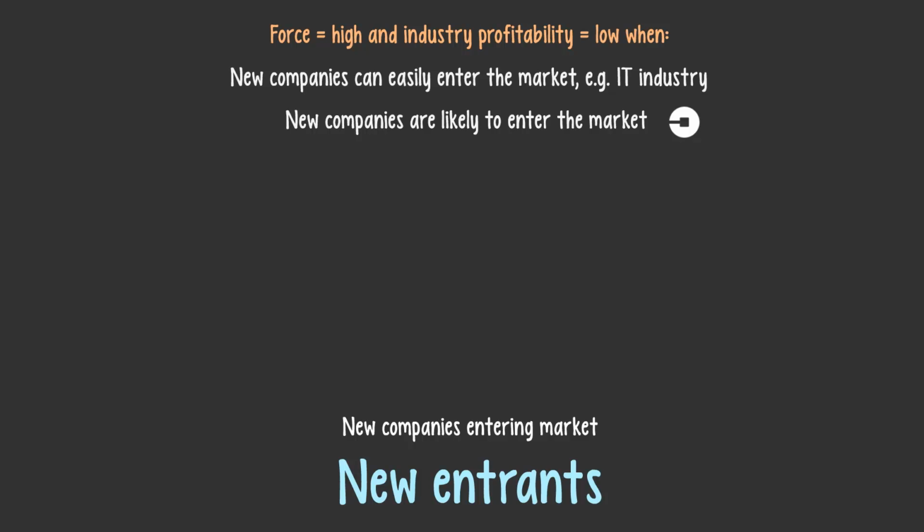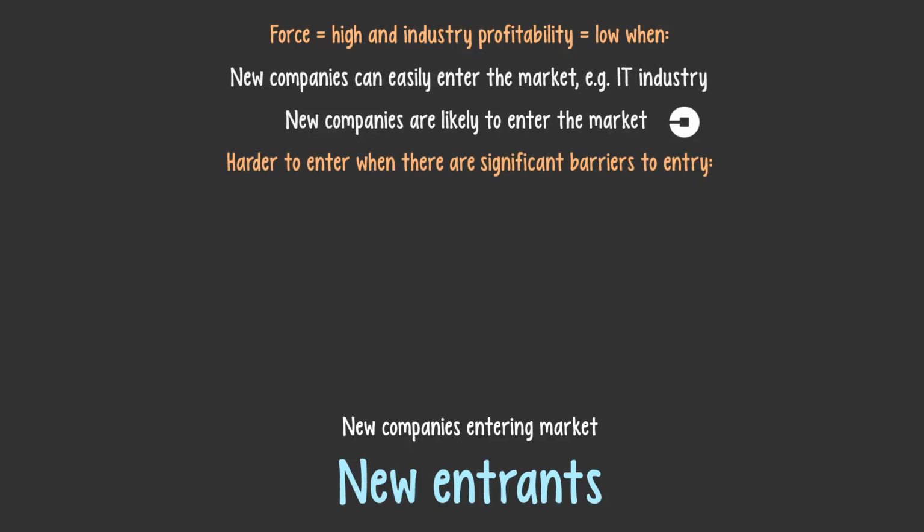Now, because of their success, lots of other rideshare companies have tried to enter that market. So by seeing how successful they are, it made it more likely that other companies intended to, or in fact it did in the case of Uber, enter the market. So we've looked at what would cause high forces, and I mentioned low barriers to entry.